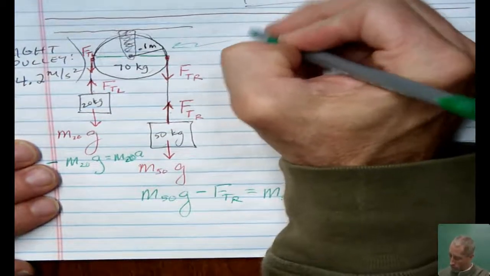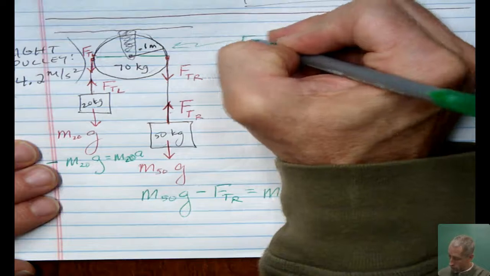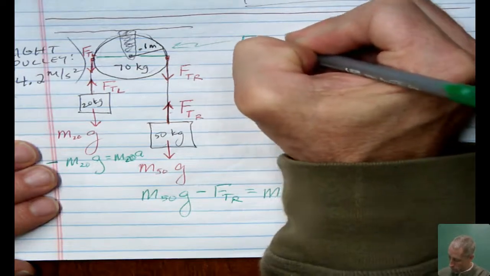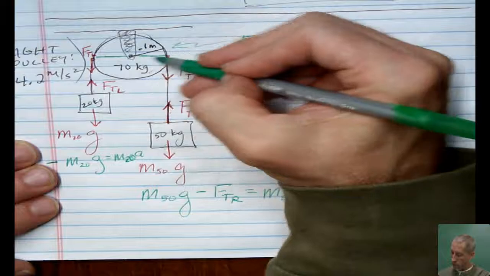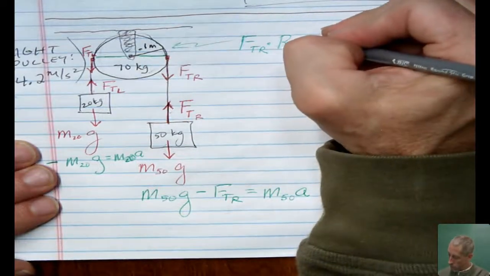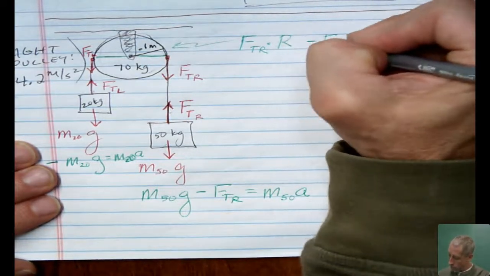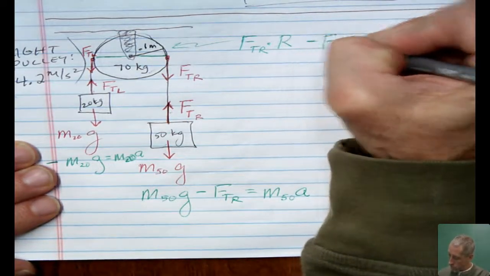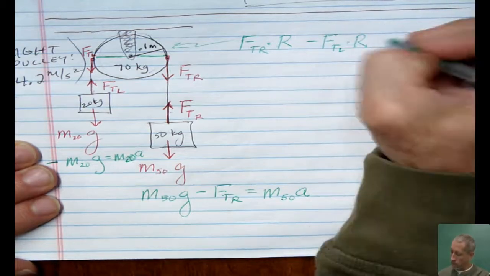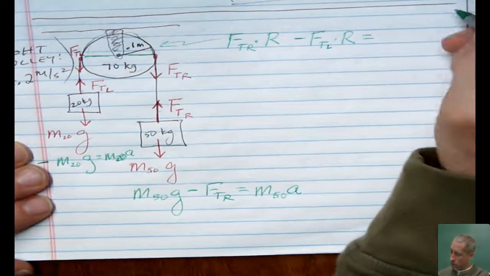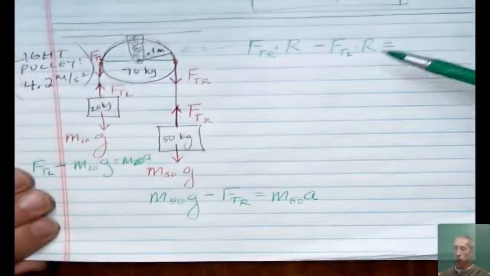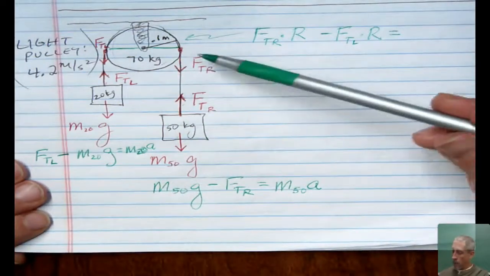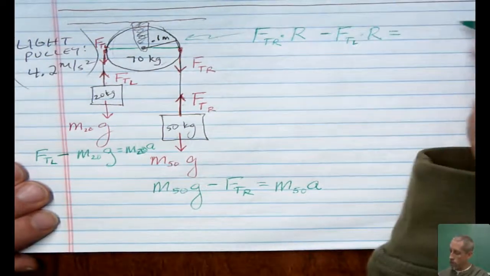So our net torque is FTR, that's the right-hand one, times the radius of the disk, minus FTL, times the radius of the disk. And then what do we put in for I? Well, because it's a disk, we would look up on your reference table, how do you write the expression for the moment of inertia of a disk?